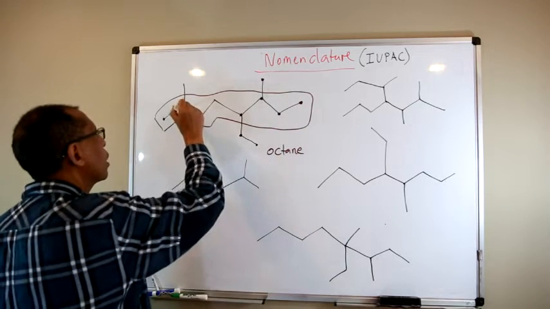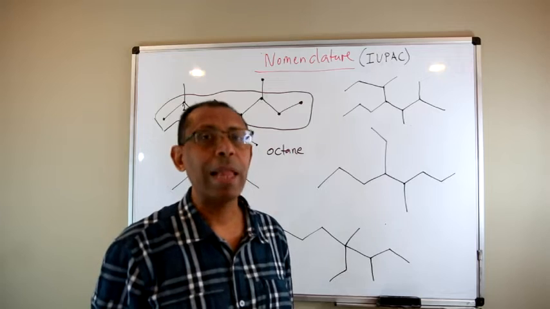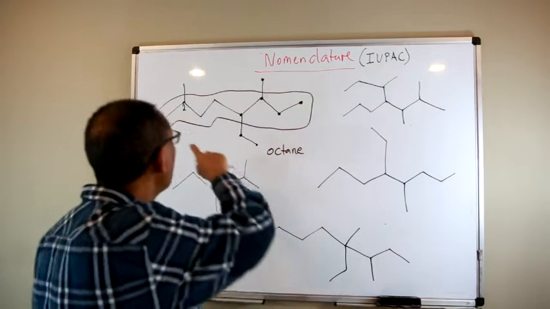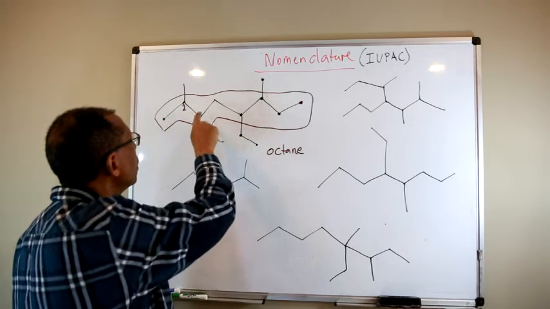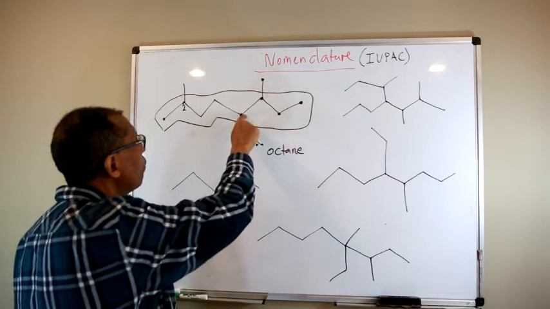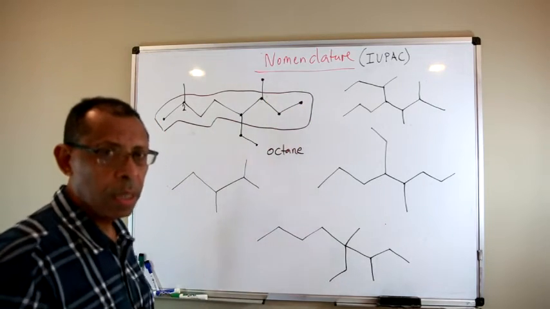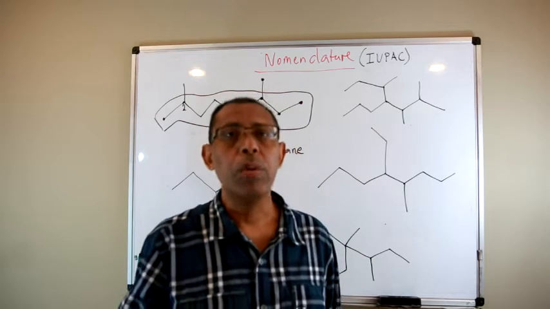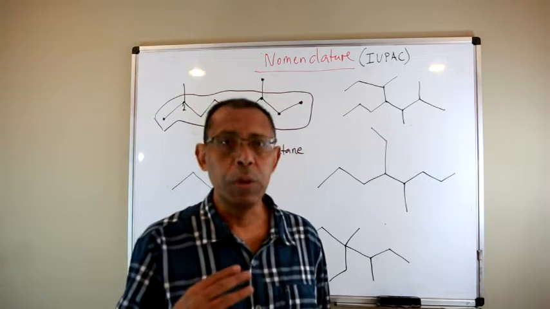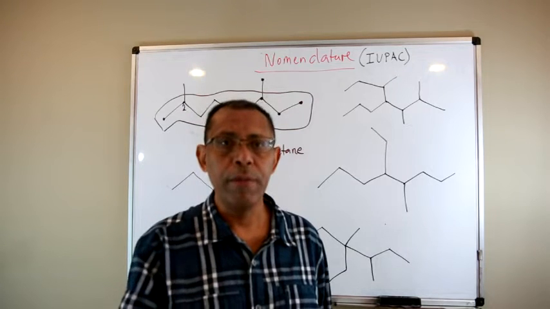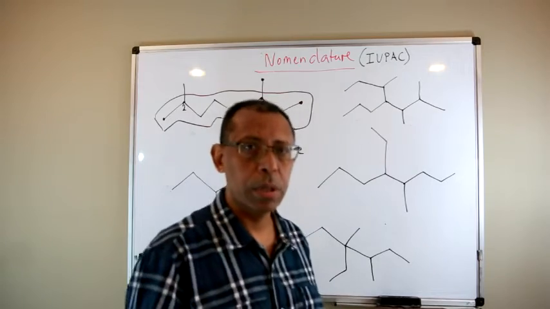So at position 2, I have a substituent. Therefore, that takes precedence, and the counting actually starts from this side. 1, 2, carbon number 3, 4, 5, 6, 7, 8. All right? So make sure that you are counting from the side where you get your first substituent to have the lowest number or numbering in the carbon sequence.